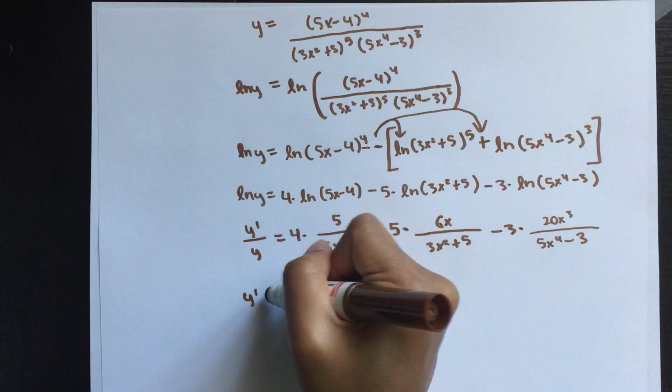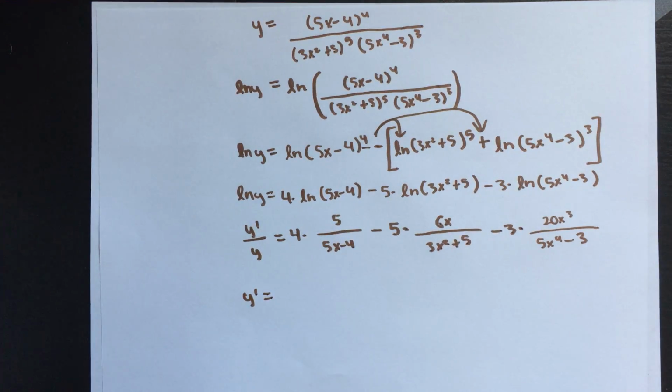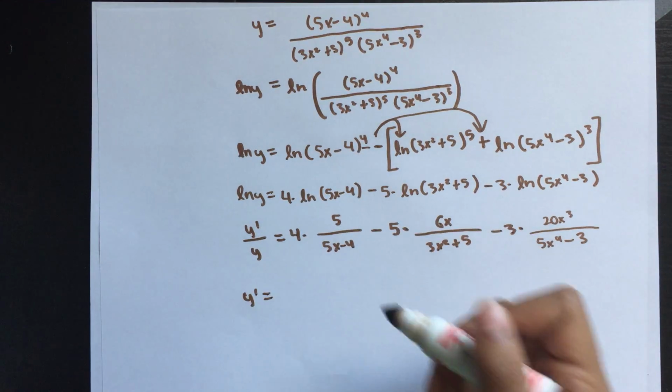So now we're going to multiply both sides by y so that we can get rid of the y in the denominator here.